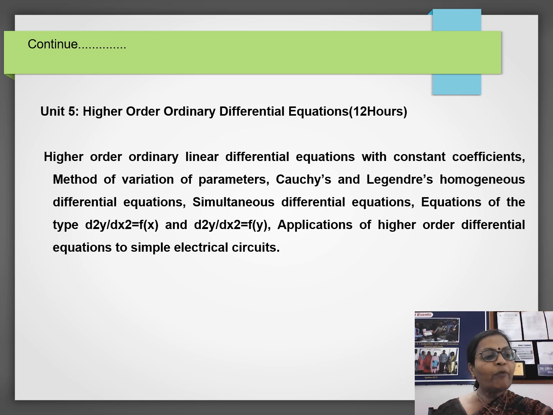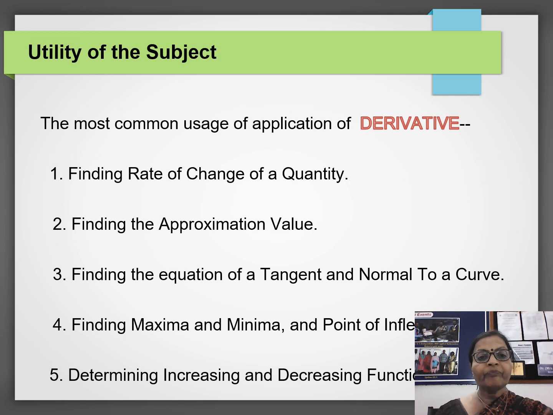Some special type of differential equations, namely Cauchy's and Legendre's, also simultaneous differential equations, are to be studied with their applications to LCR series circuits. This is the discussion about the unitized syllabus of Applied Maths 1.